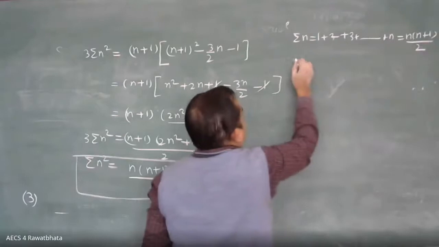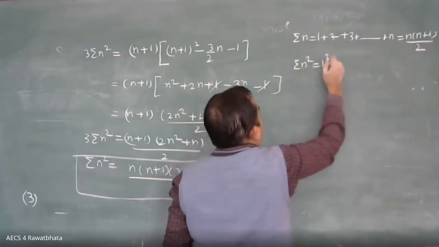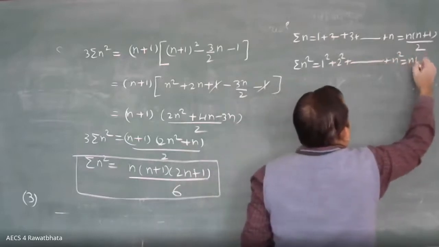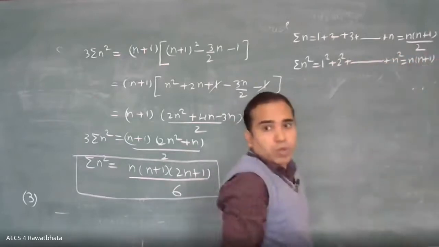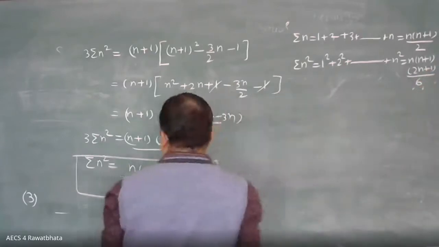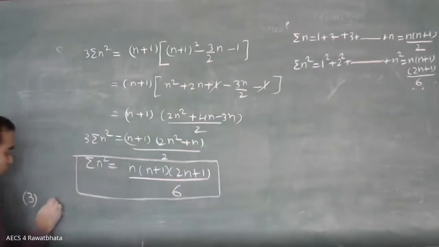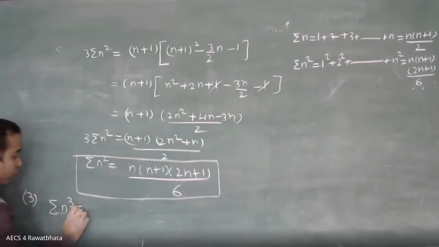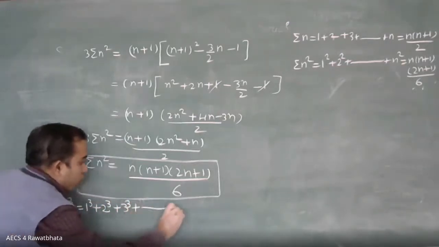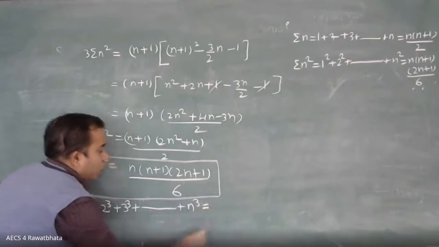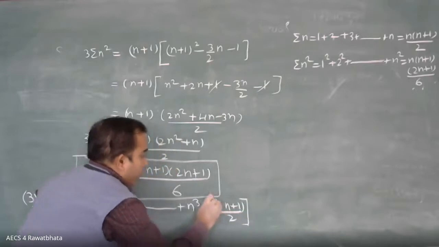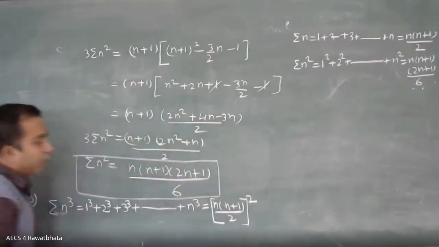Keep in mind, the second formula we discussed, sigma n square, which is 1 square plus 2 square up to n square, and it came n plus 1 into 2n plus 1 whole upon 6. And the third formula is summation n cube, and this is given by 1 cube plus 2 cube plus 3 cube plus dot dot dot plus n cube, and this is equal to n plus 1 whole by 2 whole square. Right, students?